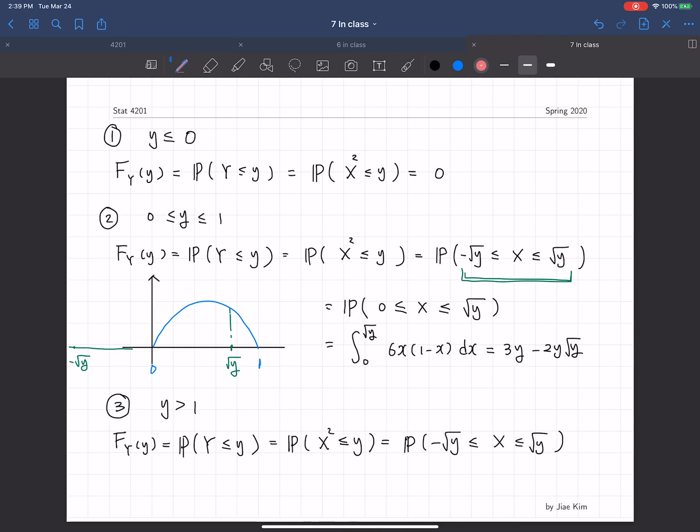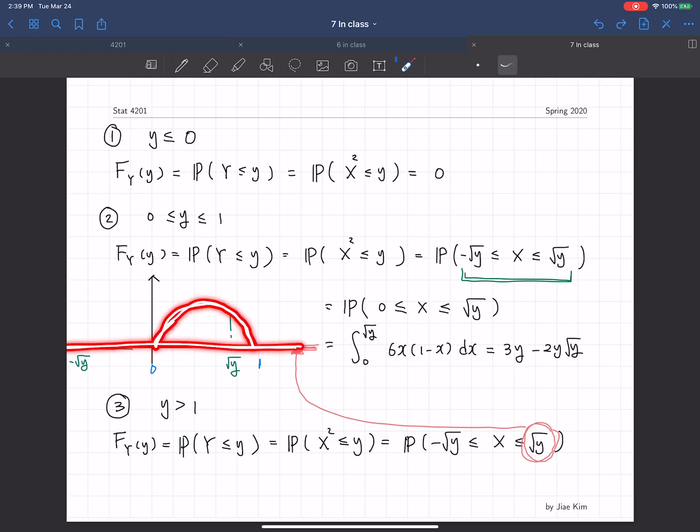Whenever y is greater than 1, the square root of y is some value outside of this interval. That means we are looking at the probability of X being in this entire interval, so we are actually looking at the entire probability. So this probability is simply 1.